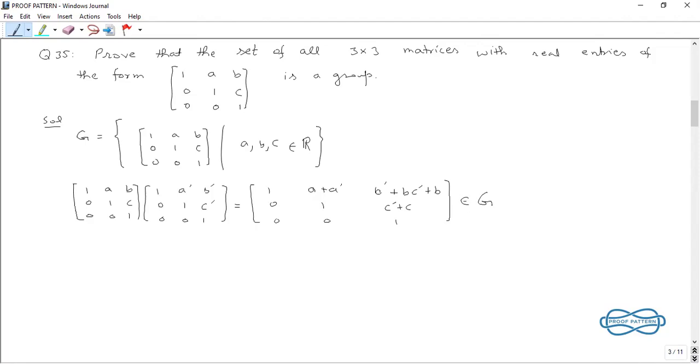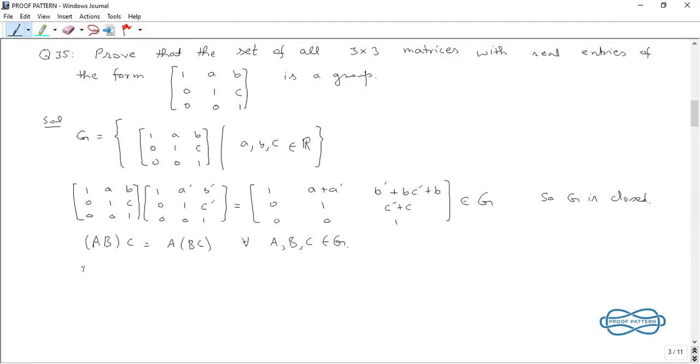So the first thing is that G is closed under this multiplication. So G is closed under matrix multiplication. Also, we know that in general for matrices the associative law holds, so in this case also the associative law holds.